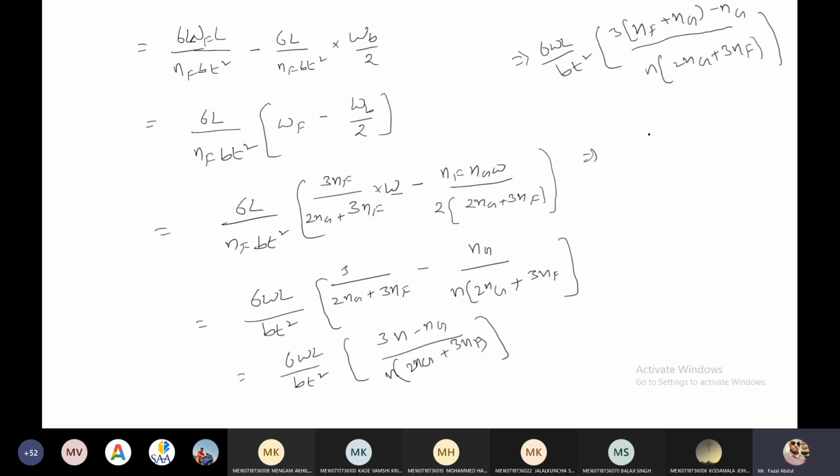Finally we will get 6WL by BT square into N. Okay, so this is finally the equalizer stress value on the spring.